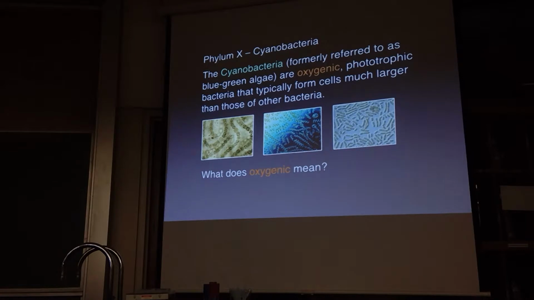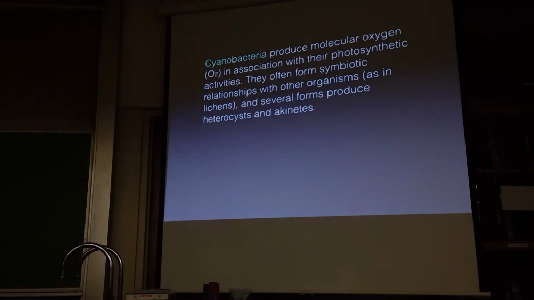It's not surprising that they produce oxygen the same way plants do, because the process of producing oxygen in plants is associated with photophosphorylation, and that involves organelles called chloroplasts, and chloroplasts were originally cyanobacteria. Remember that endosymbiotic theory. Well, anyway, so these things produce molecular oxygen. They do it in association with their photosynthetic activity. They do it by splitting water molecules.